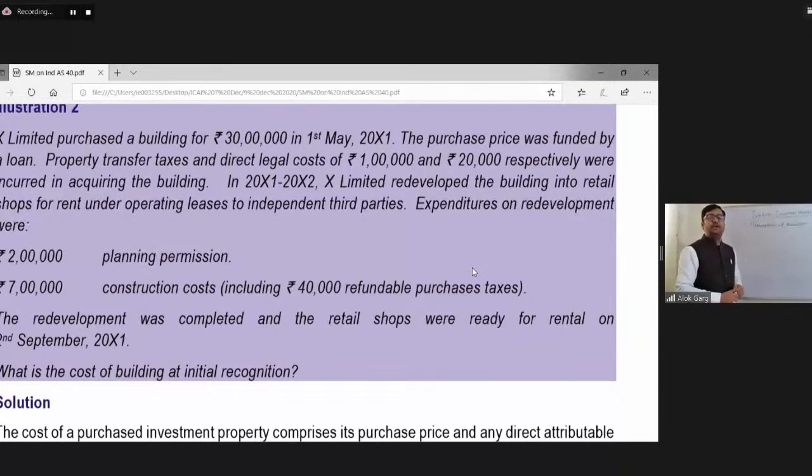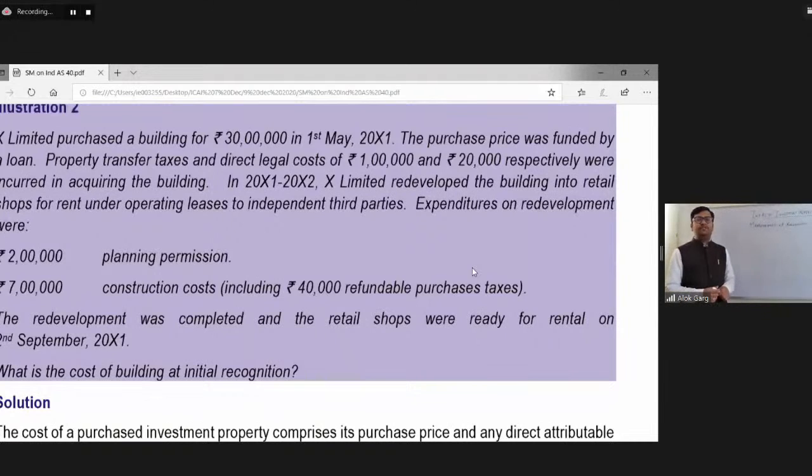Ambika is asking, sir, what about interest on loan? If a company has purchased or constructed an investment property and has taken a loan for that, Ambika, that interest on loan is going to be capitalized as per IndAS 23 Borrowing Cost, if it is a qualifying asset. Okay. Same concept which was there in IndAS 16.